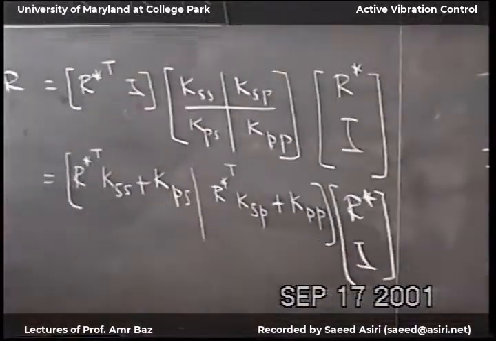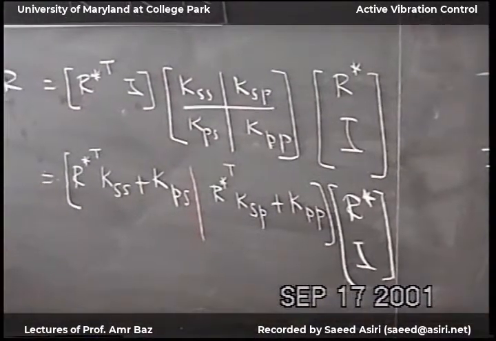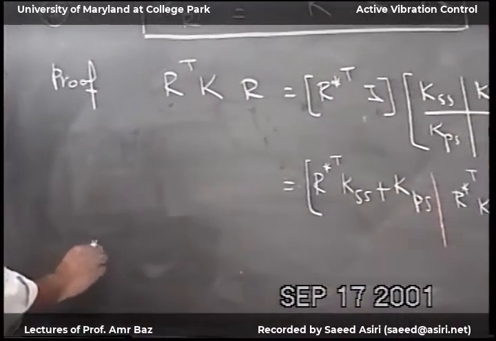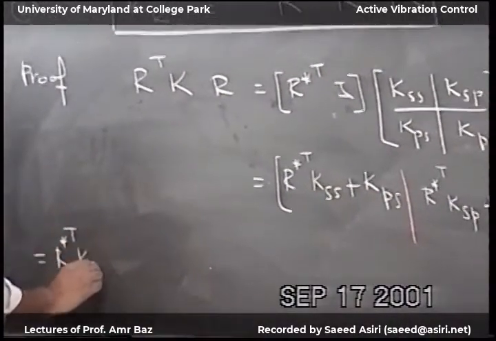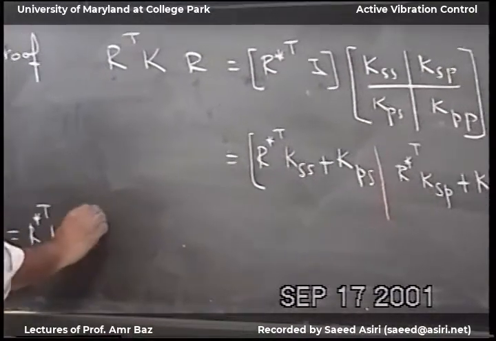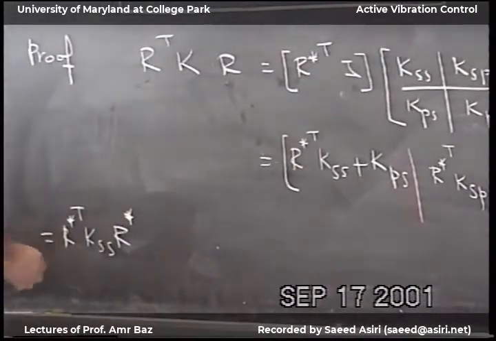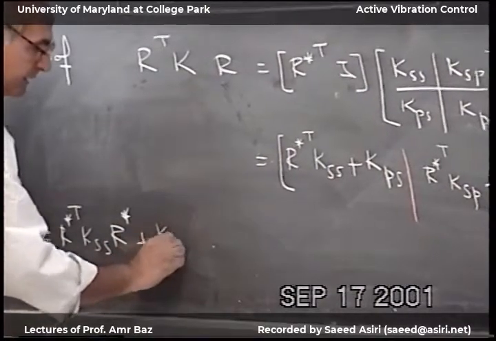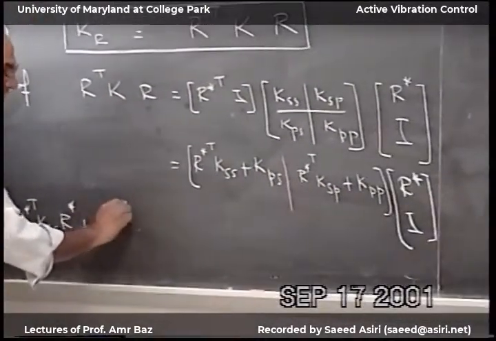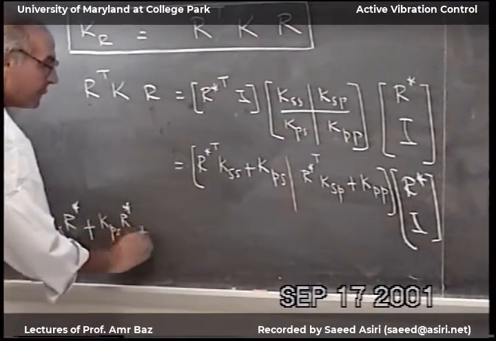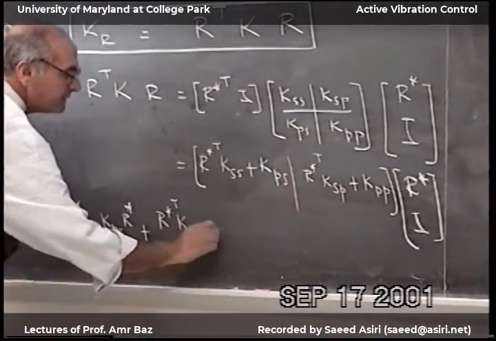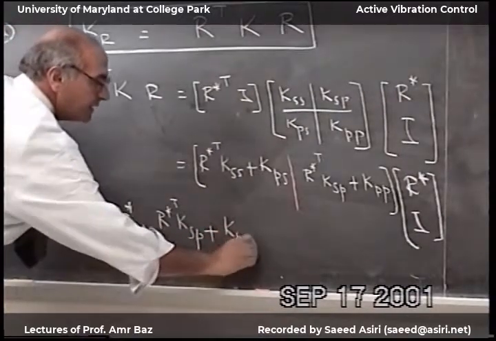And then we expand this again. So this will equal to R asterisk transpose KSS and then R asterisk plus KPS R asterisk plus R asterisk transpose KSP plus KPP.